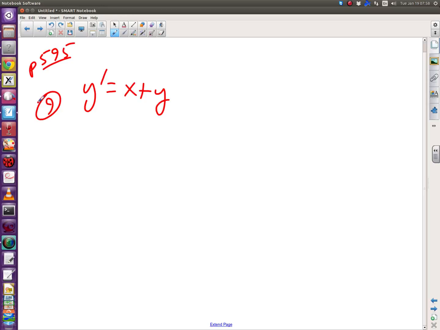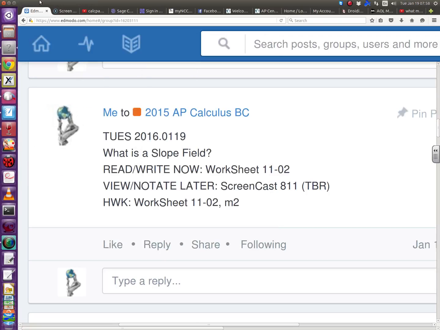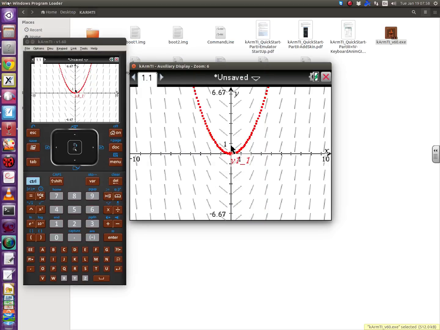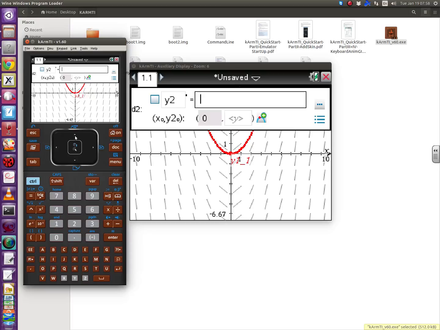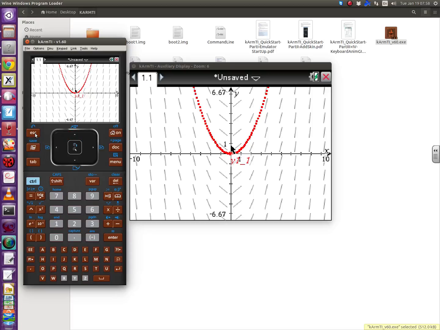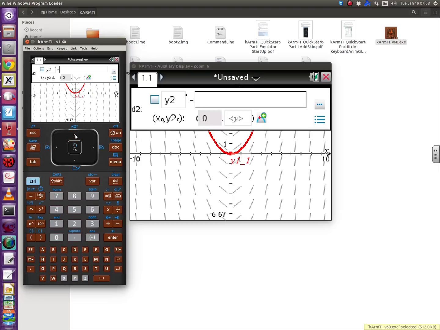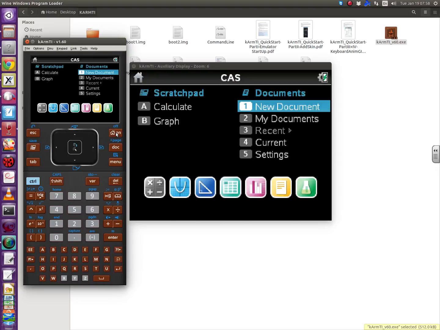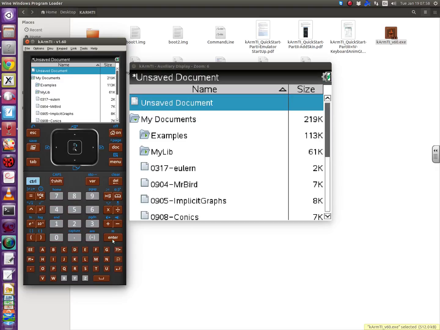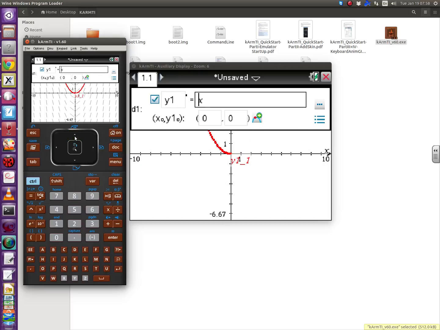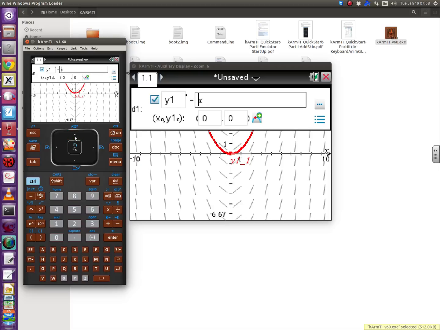Let's get the calculator involved. Let's go to y1. What do they want? They want x plus y.